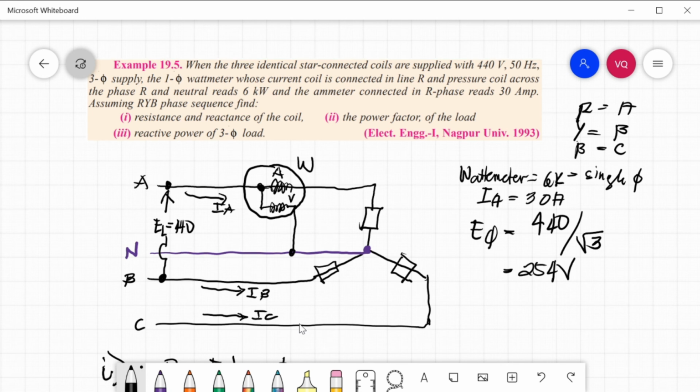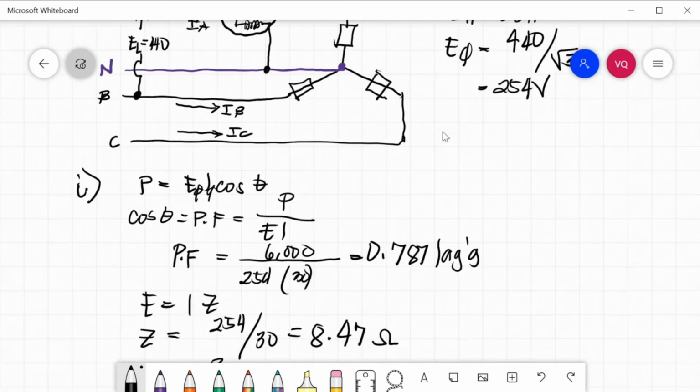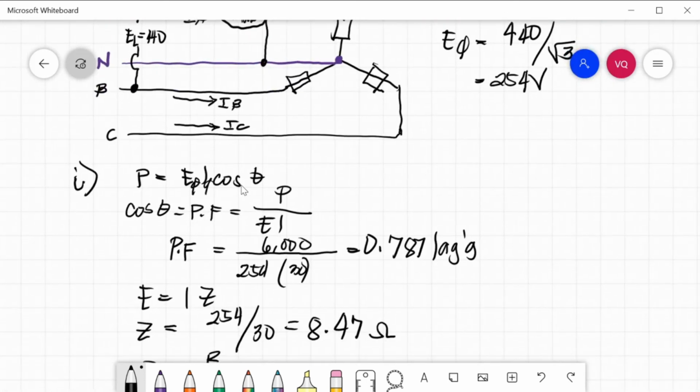Next, to get the resistance and reactance from the formula P is equal to EI cosine theta, we can solve first the cosine theta or the power factor, which is power divided by EI.